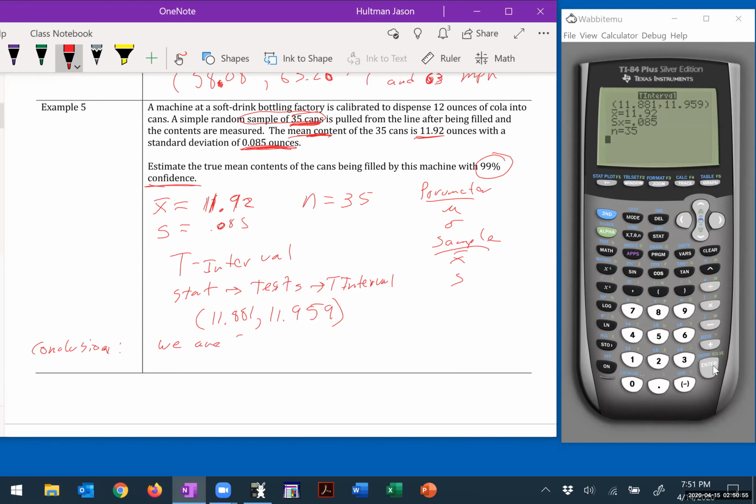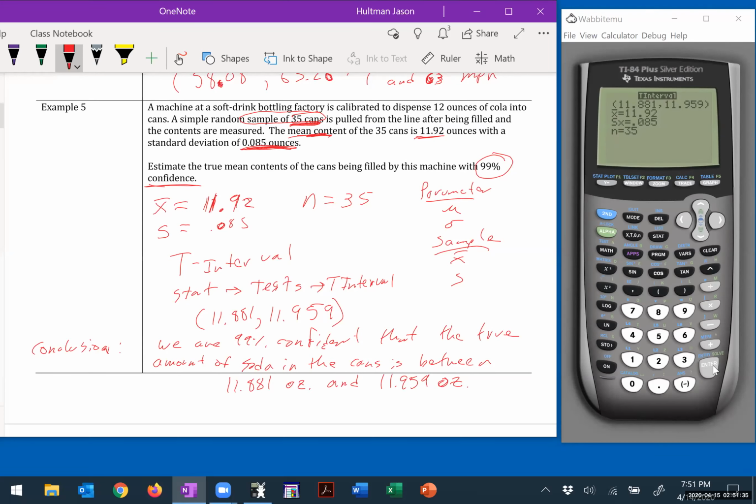We are 99% confident that the true amount of soda in the cans is between 11.881 ounces and 11.959 ounces.